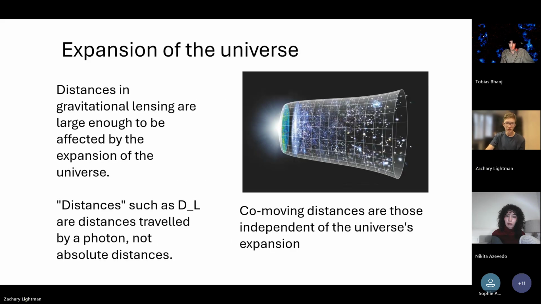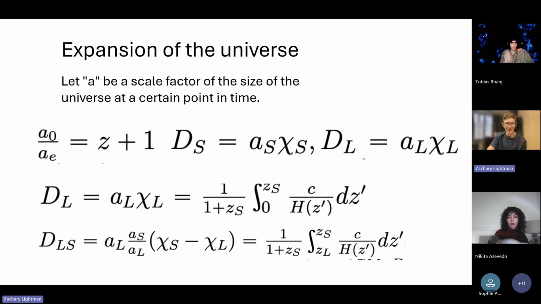And one final thing with strong lensing. So far, we've sort of assumed that all of these distances are absolute, but they're not. The universe is expanding. When we're looking at these distances to galaxies, they're actually changing over time. And so we're going to look at co-moving distances, which are independent of the universe's expansion, rather than the difference between positions in space.